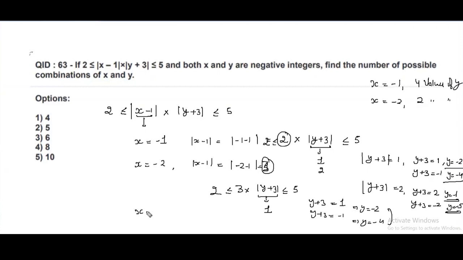And let's check the last ones. x is minus 3. If x is minus 3, |x minus 1| will be 4. So 4 into |y plus 3|, obviously the same thing, |y plus 3| can be 1 only. So two more values.